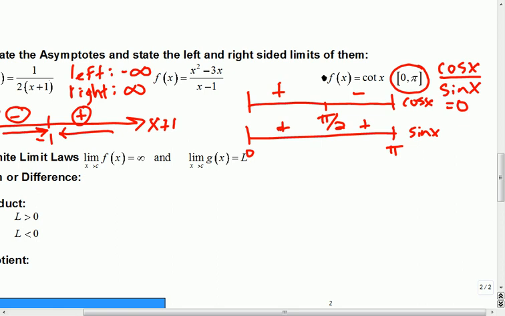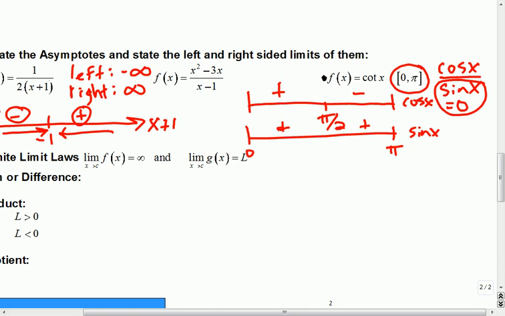Anybody want to help out? Close. Want to revise your answer? We're talking about problems that happen here. That's where we're going to have asymptotes.